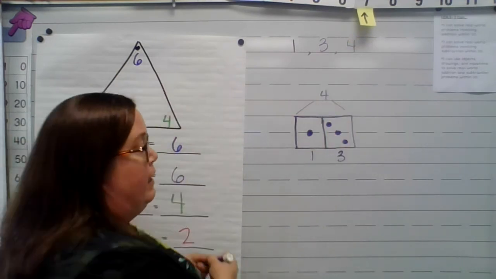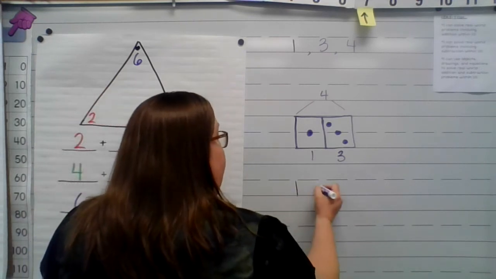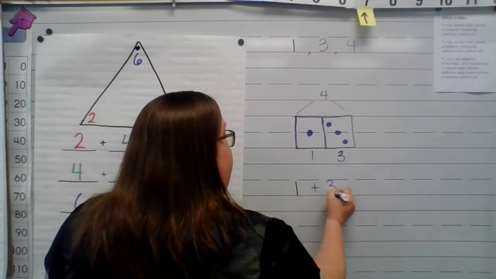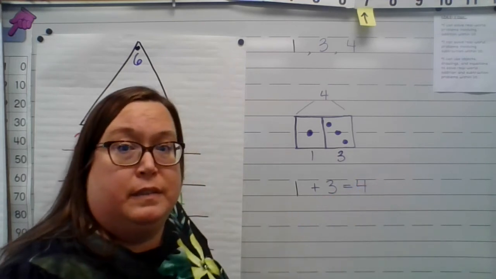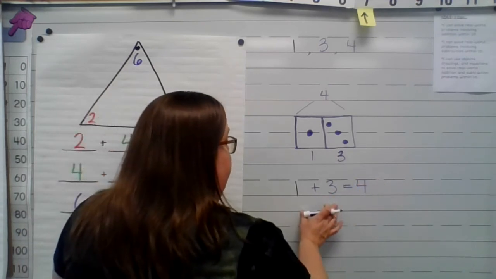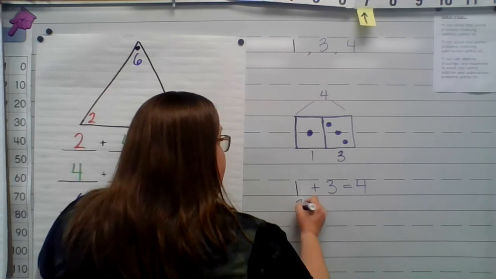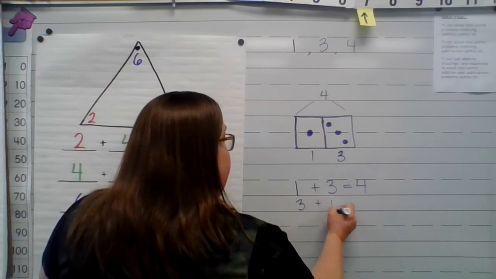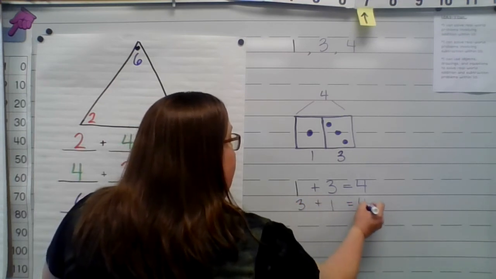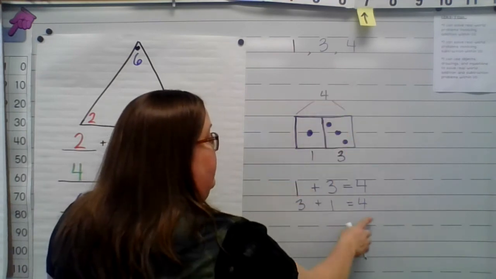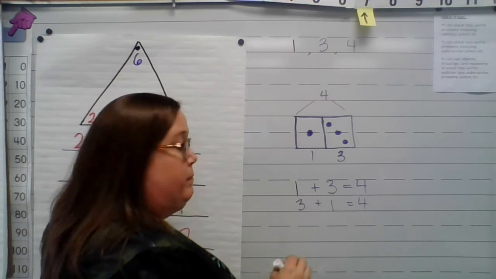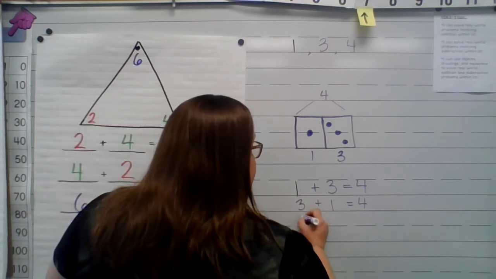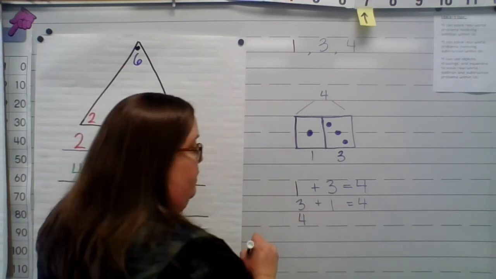Okay? Because 1 plus 3 equals 4. Then turn that around. 3 plus 1 equals 4 because the biggest number is 4 and it goes at the end by itself. It's the answer to the addition problem. Then subtraction, we start with the biggest number.